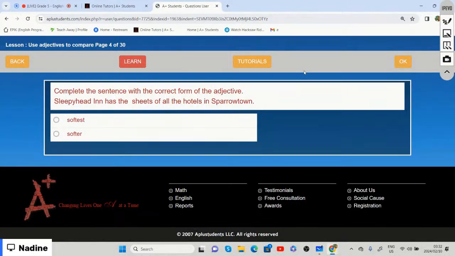Sleepyhead Inn. So Sleepyhead Inn has the softest sheets of all the hotels in Sparrow Town.